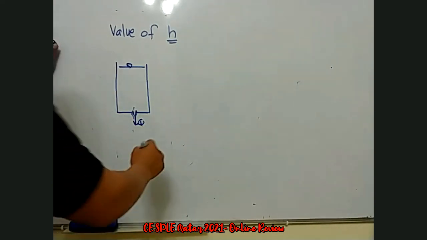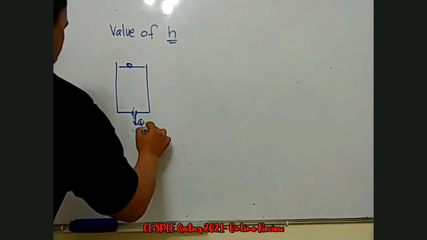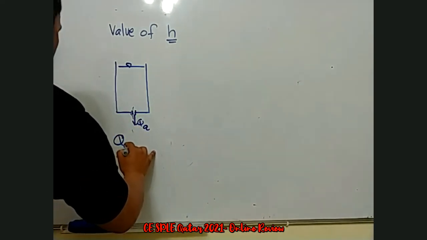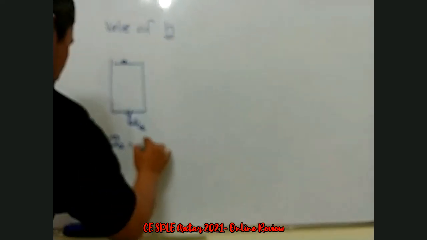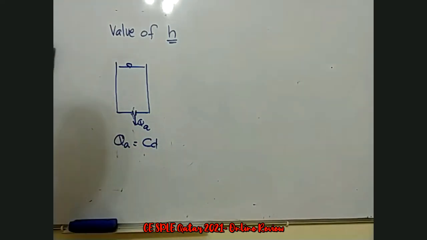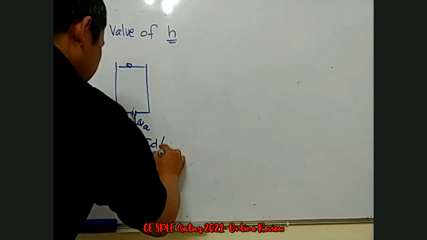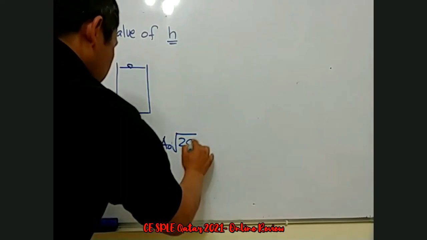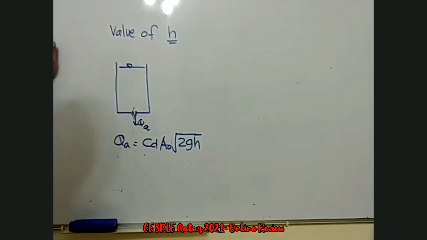Di ba yung Q actual, ito yung coefficient of discharge, equals area of orifice, then square root of 2GH. Kaya sabi ko, etong value of H, maraming cases.